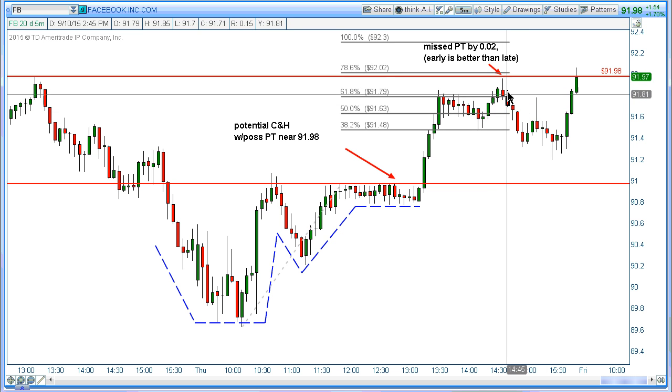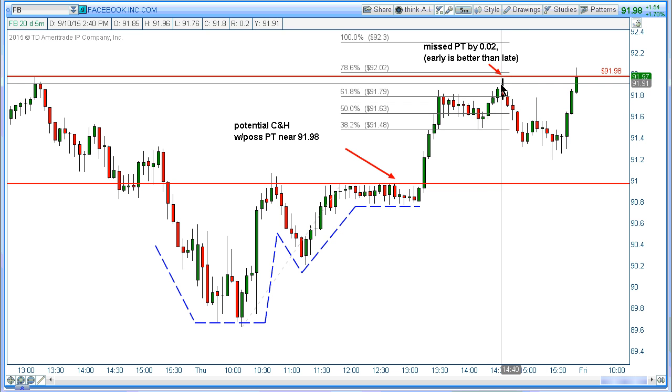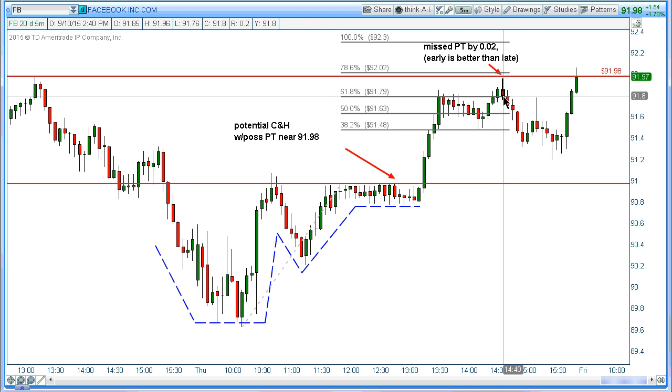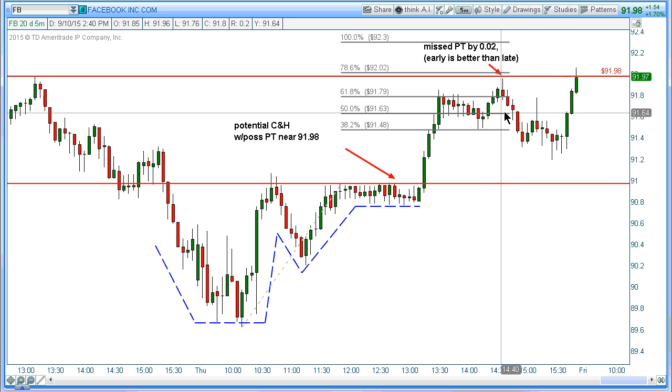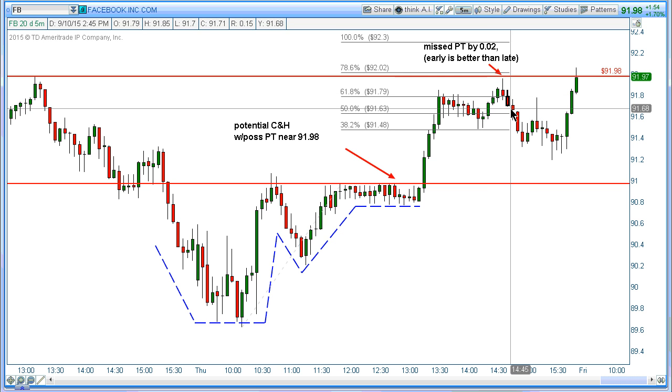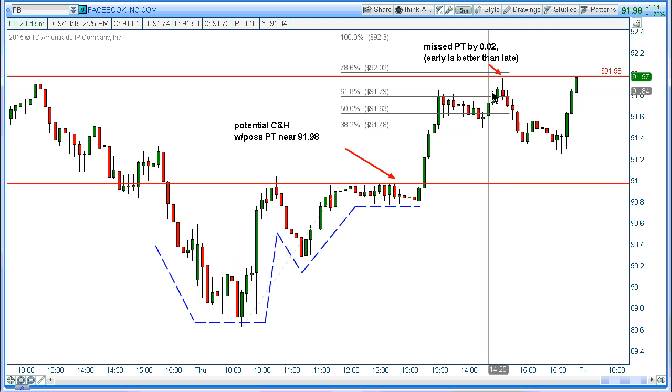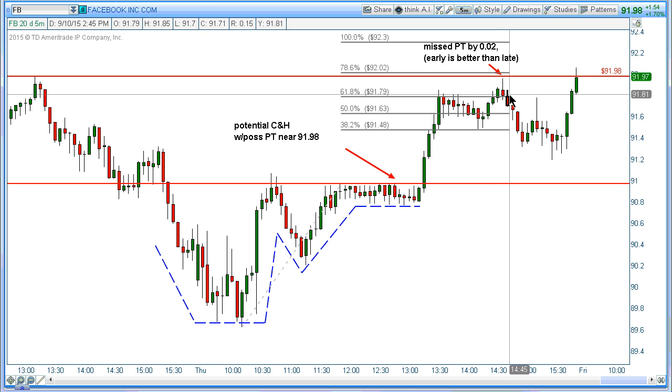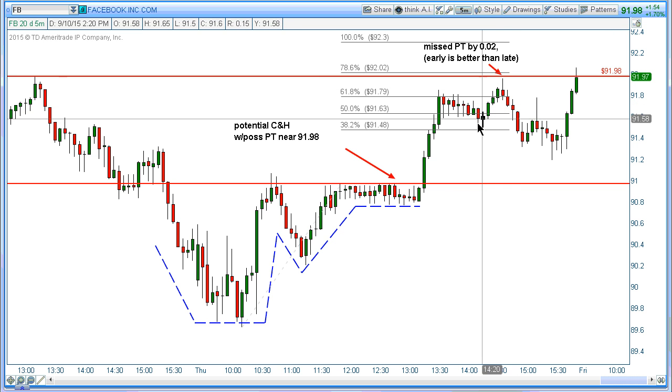So the chances are if the seller is in control at the end of this candle, most likely it's going to still remain in control at the beginning of the next candle, right? So you just have to give some respect to this type of candle. That's basically what I'm trying to say.